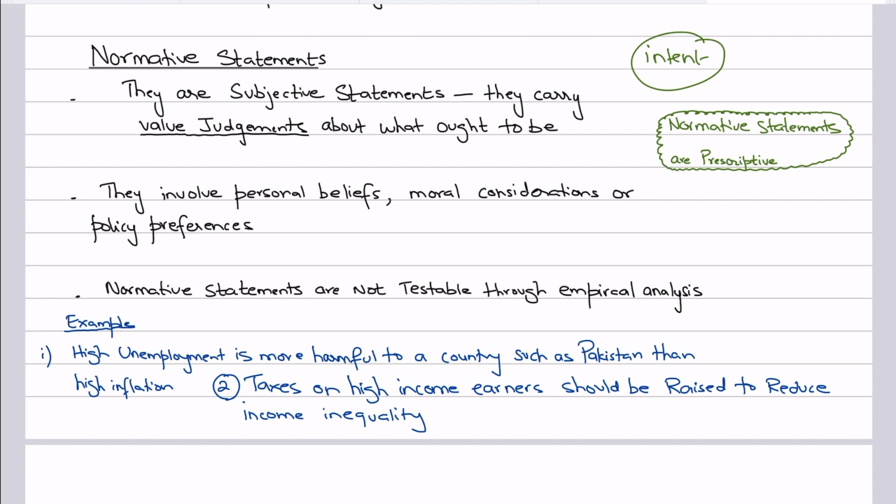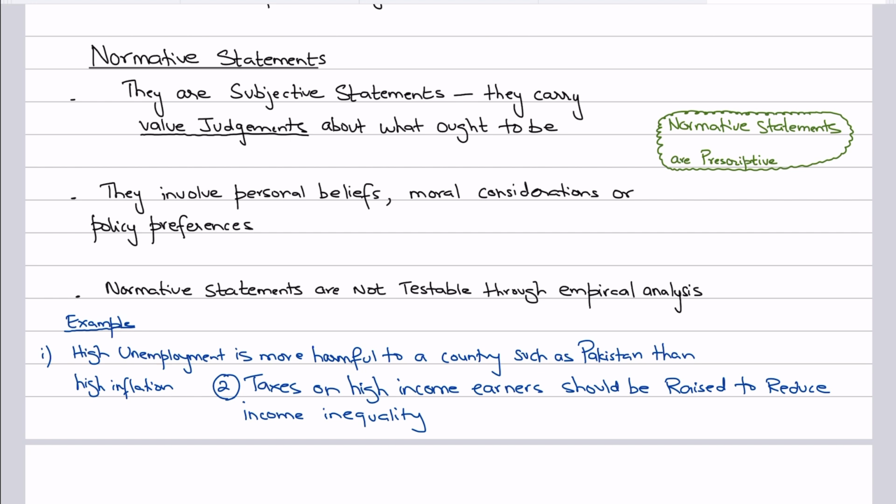So positive statements help us understand how the world actually is through empirical analysis, not what it ought to be or should be. While normative statements are used to express opinions and maybe guide policy decisions based on ethical considerations or value-based considerations or political considerations, let's say.